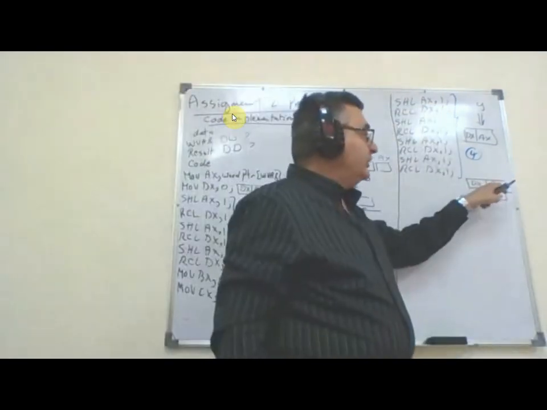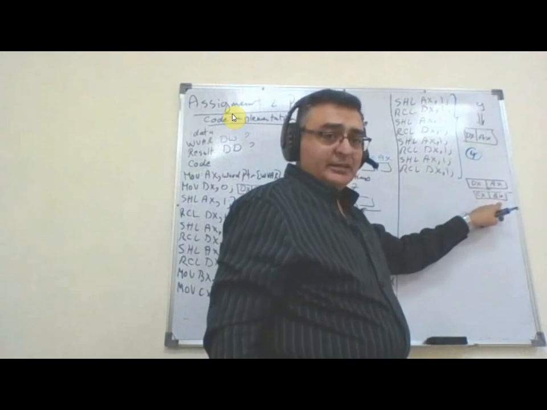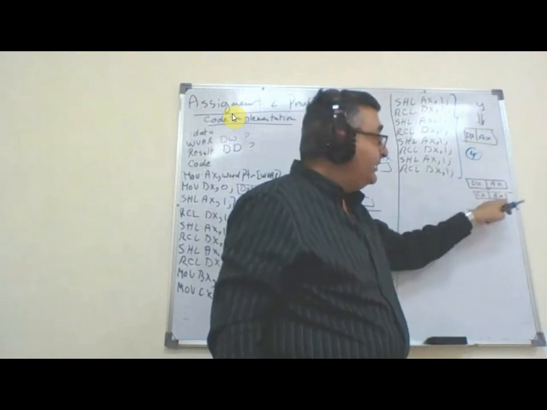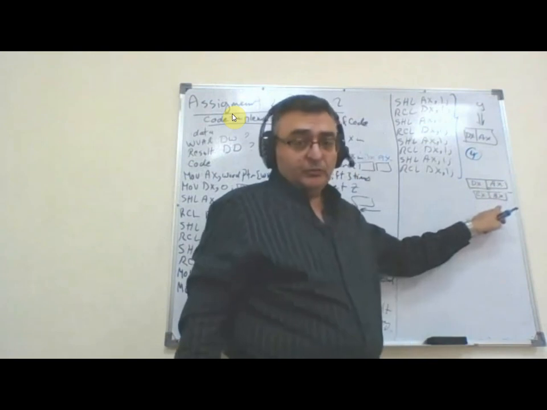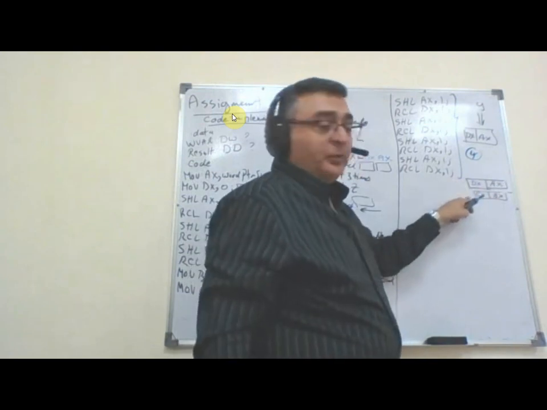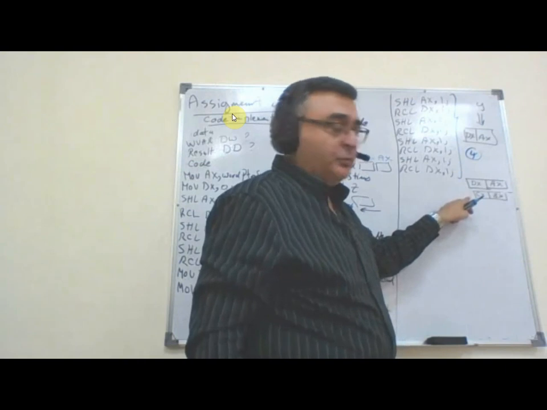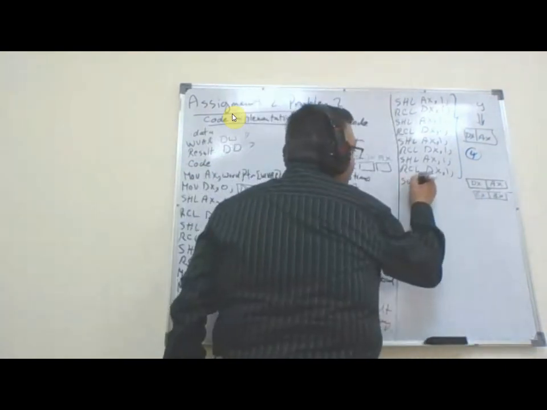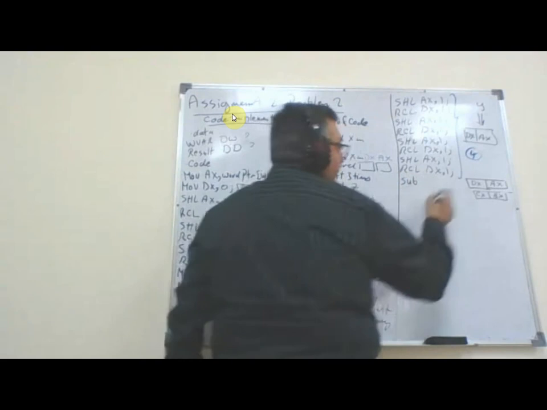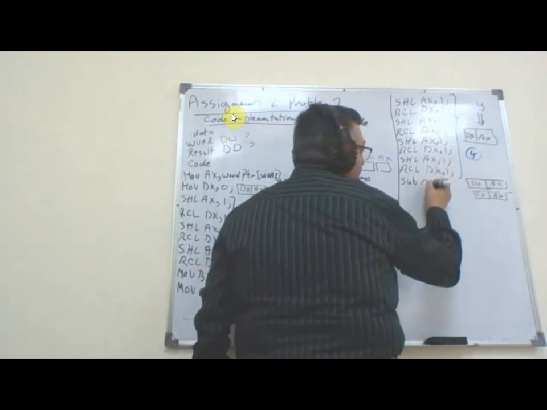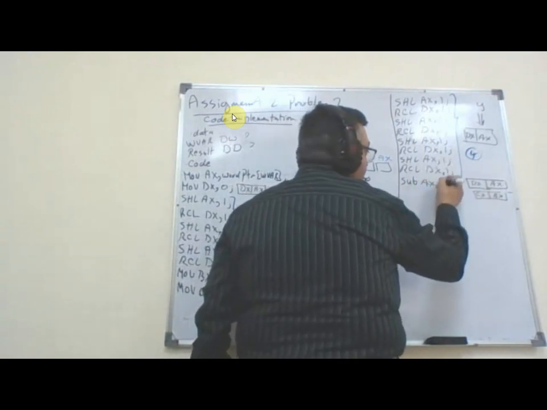I have to subtract AX minus BX, and I shouldn't lose the carry because I may get a borrow from the subtraction. So the next operation will be subtract with borrow. The bigger number is AX. This is the minuend. So SUB AX, BX.